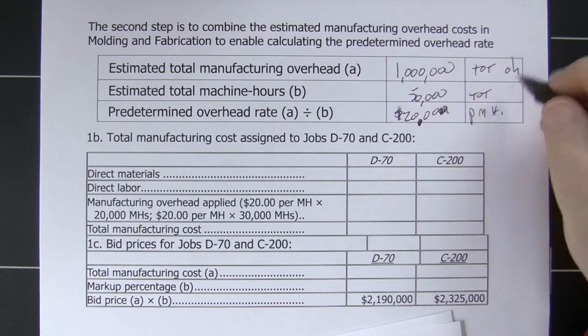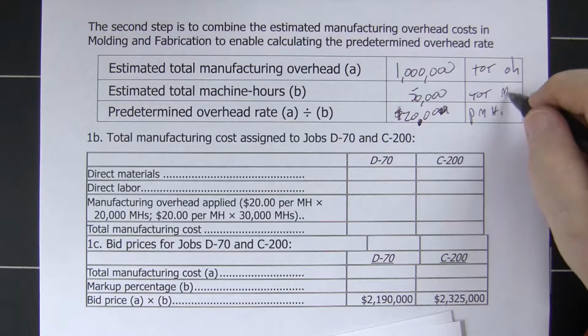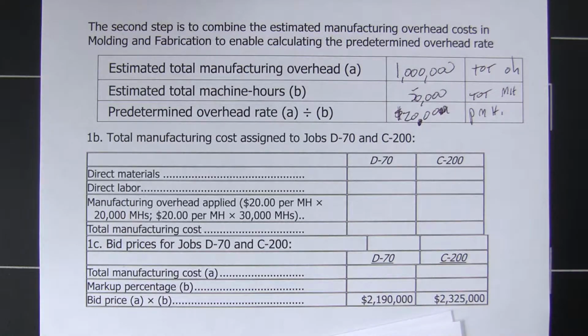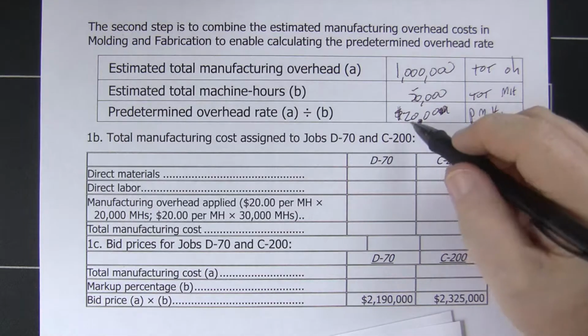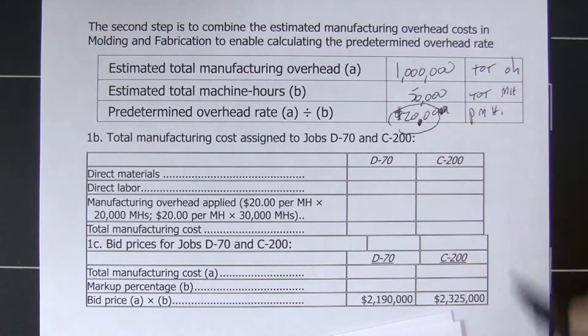That's the total machine hours. And every time a machine is on, for each hour we use that machine, we estimate that it costs us $20 per hour.